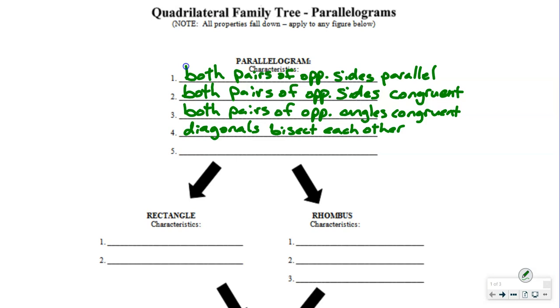And consecutive angles are supplementary. So, if any quadrilateral fits all 5 of these characteristics, and only these 5 characteristics, then it is a parallelogram.